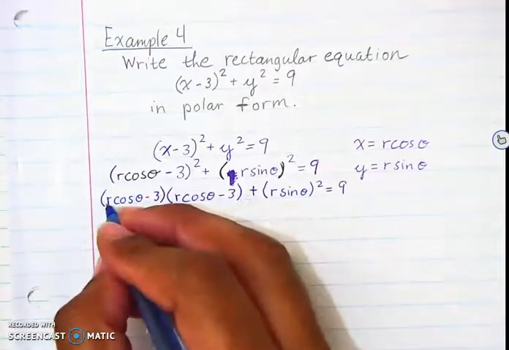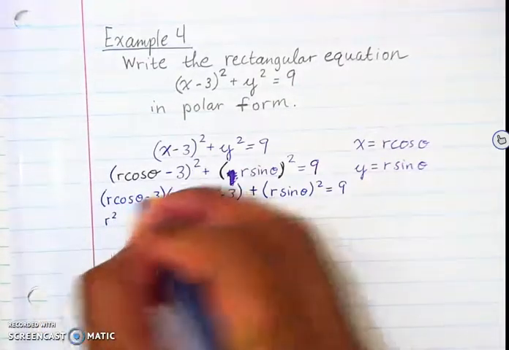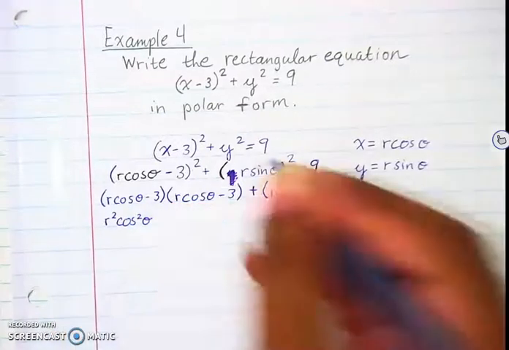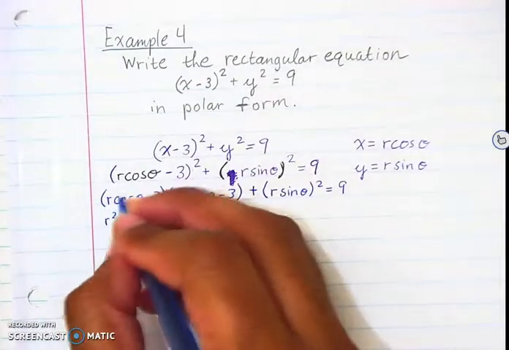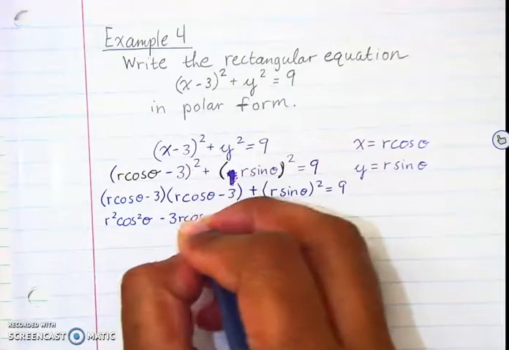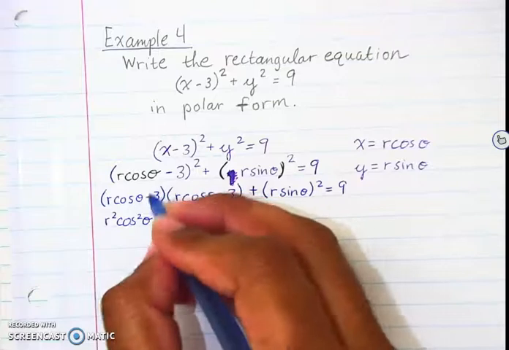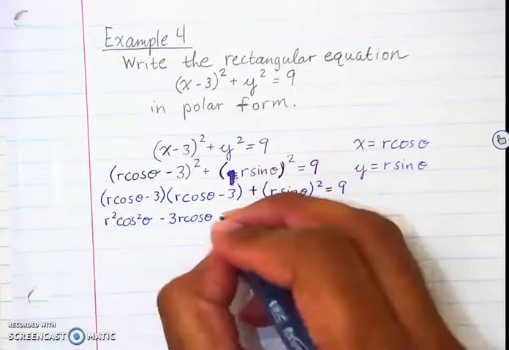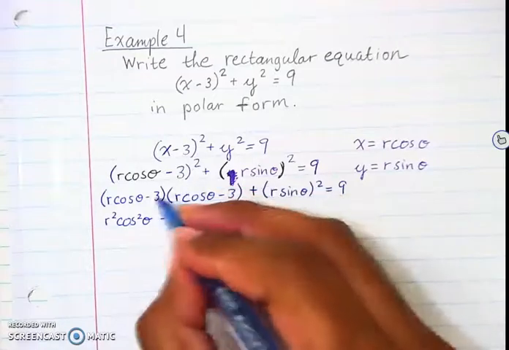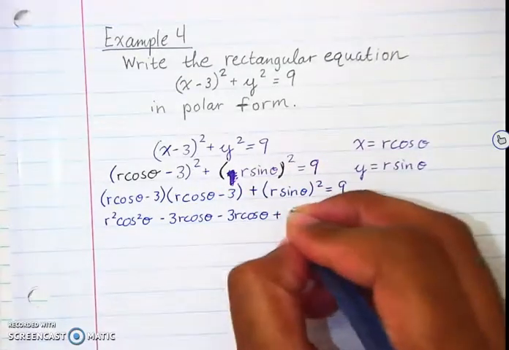So here, r times r is r squared. Cosine times cosine is cosine squared theta. Then we have r cosine times -3, which is -3r cosine theta, and -3 times r cosine theta, so another -3r cosine theta. Then -3 times -3 is +9.